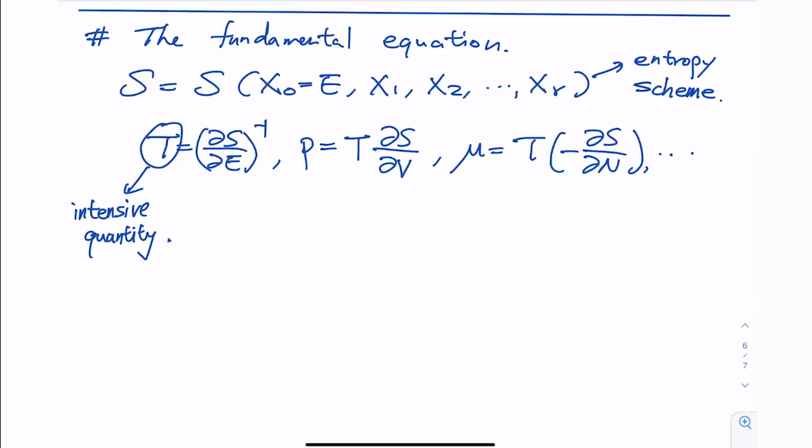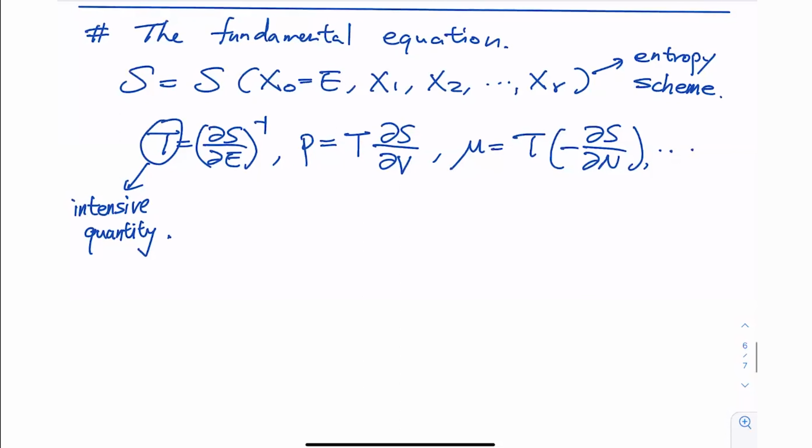So there's a general structure: intensive quantities are defined as the ratio of two extensive quantities, because those extensive quantities scale with the system size in the same way. So when you take the derivative, the scaling of the system size is cancelled. Similarly, the pressure P is an intensive quantity, and the chemical potential is also an intensive quantity.